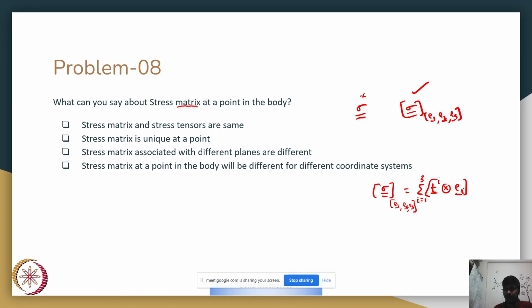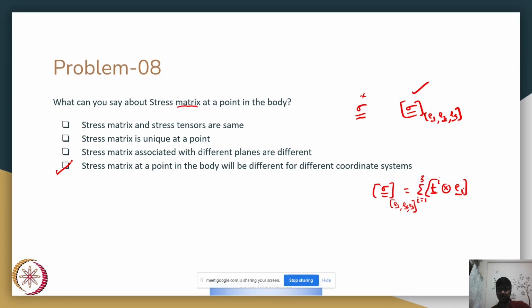So if these vary, you may end up with different values here. The tensor in itself is the same, but the matrix representation can change. This is similar to how the representation of a vector in terms of its components can vary based on what coordinate system you are using. So the stress matrix is not unique. It will be different for different coordinate systems.